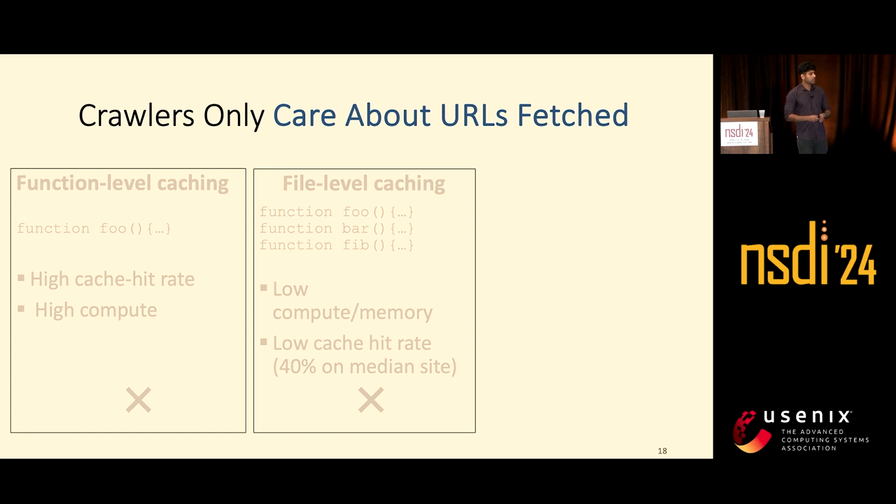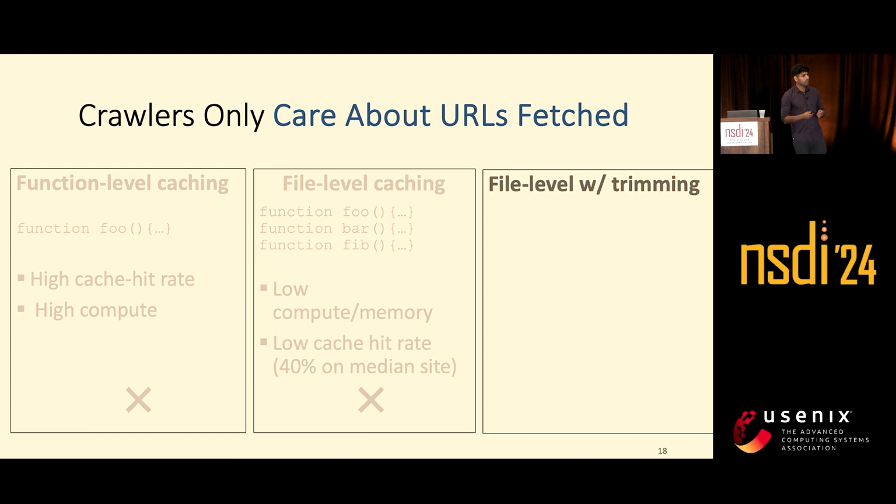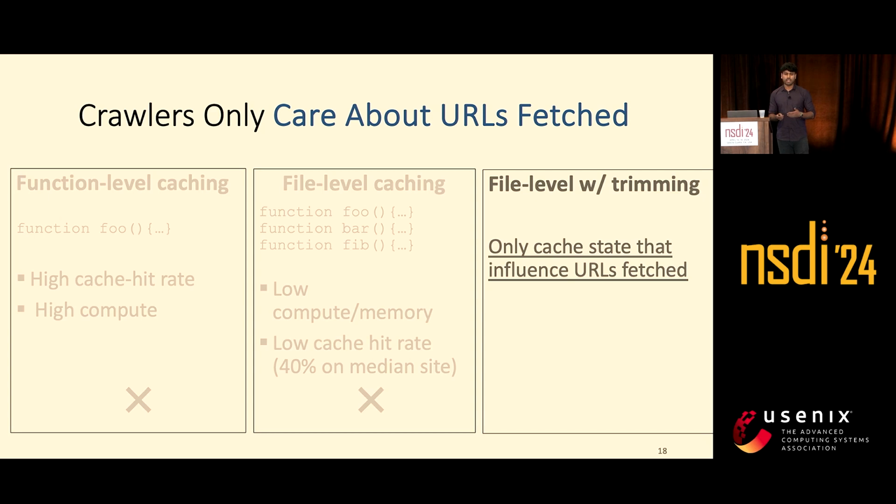To resolve this, we rely on our observation that crawlers only care about URLs. What that means is that we don't need to perform this tracking for every JS state that is accessed. We can only track that JS state that influences URL fetches. We do this with the help of a program analysis technique called taint tracking.